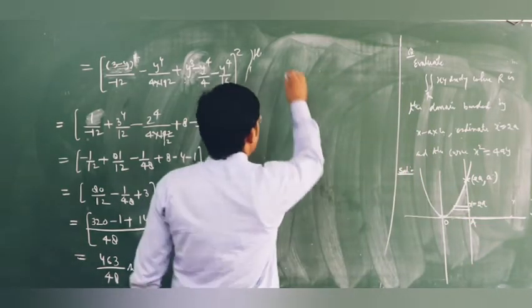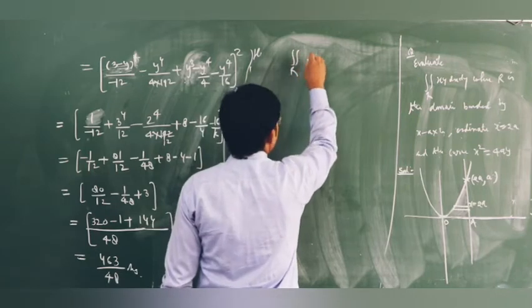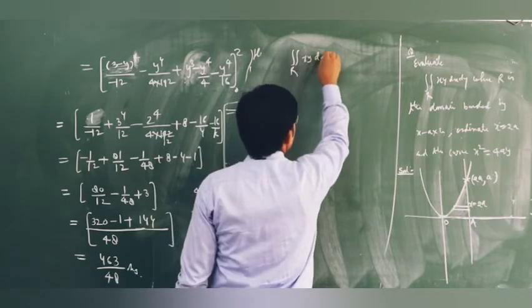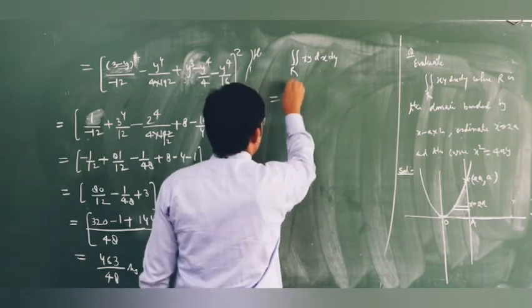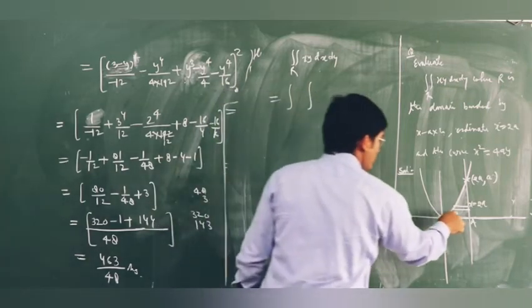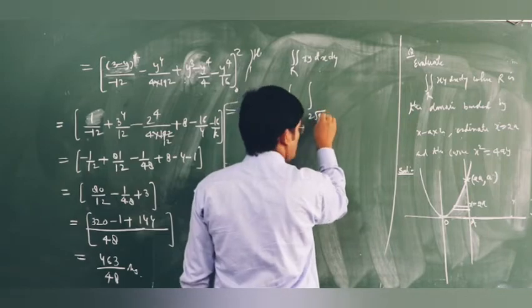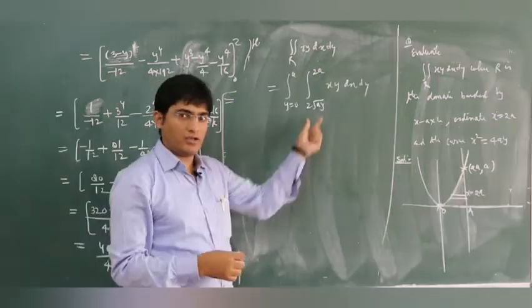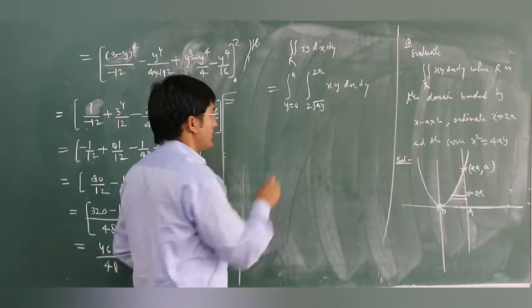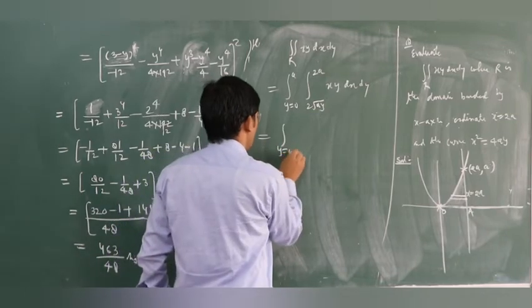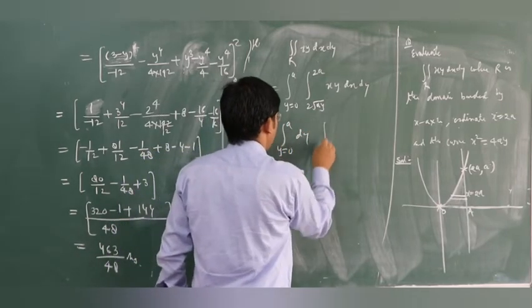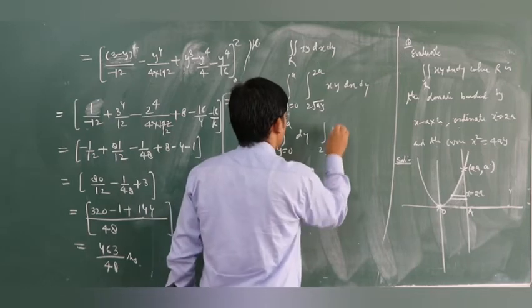So the value of the double integral is equal to, now here x will vary from 2 root ay to 2a, so we will first integrate with respect to x. So this is y equal to 0 to a dy, and then 2 root ay to 2a.